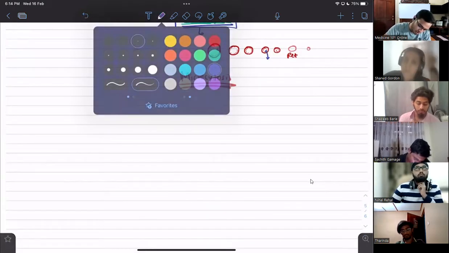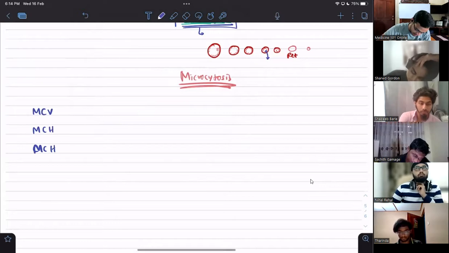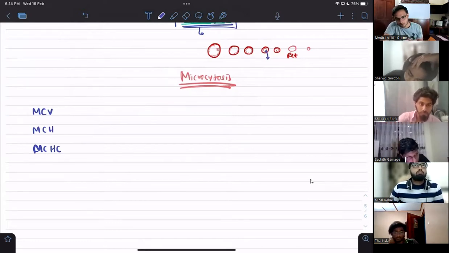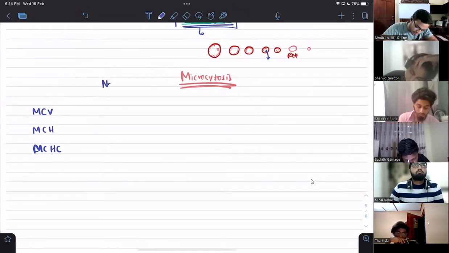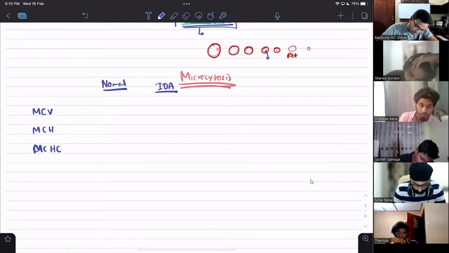Here, guys, we have to talk a little bit about some values. We have MCV, MCH, MCHC. Mean corpuscular volume, mean corpuscular hemoglobin, and mean corpuscular hemoglobin concentration. Please draw normal versus IDA.